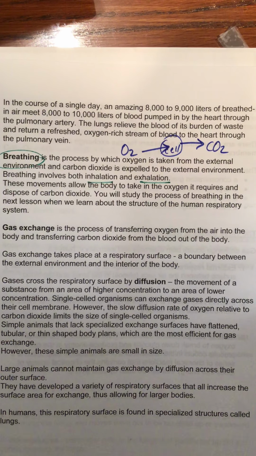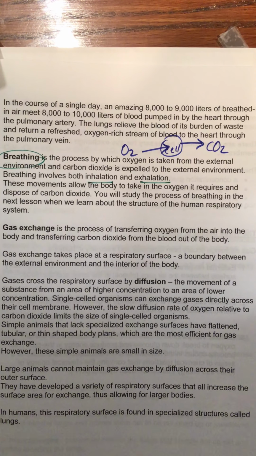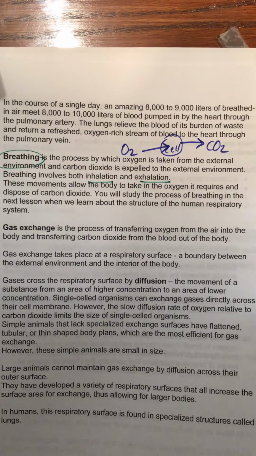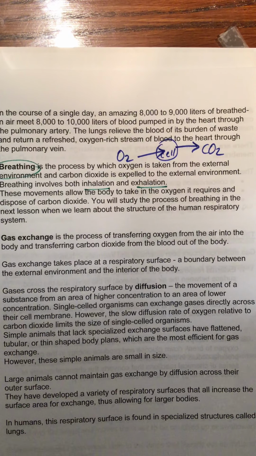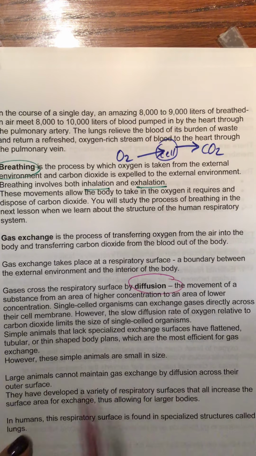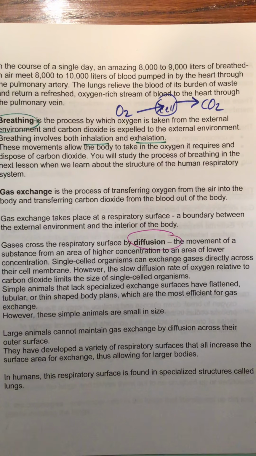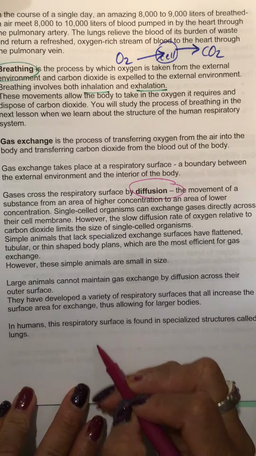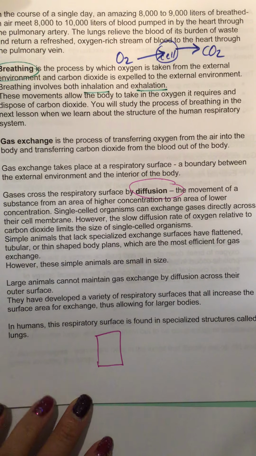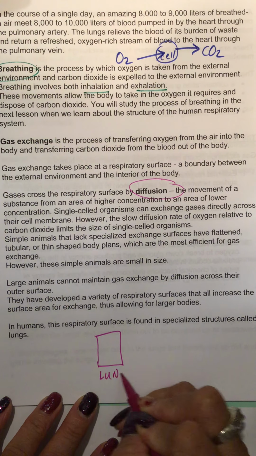And this gas exchange, the process of exchanging the oxygen from the air into the body and CO2 from the cell back into the body, is basically a simple process called diffusion. And we learned diffusion in our first unit. I'm going to draw a simple diagram here. So this is your lungs.